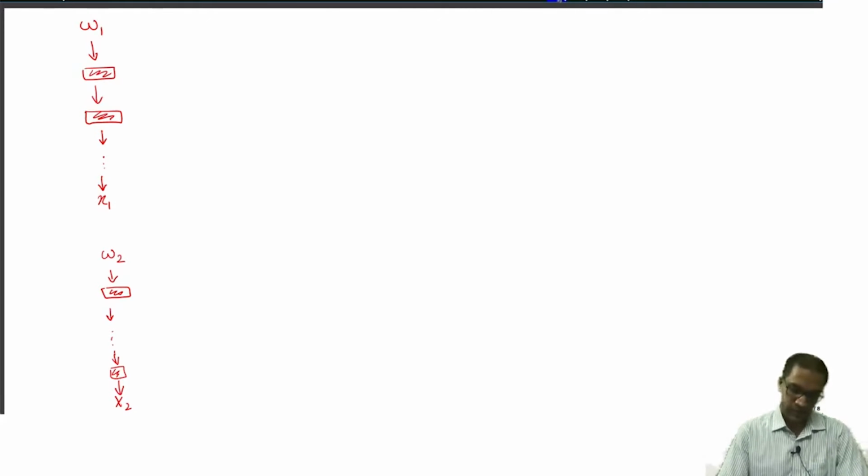Okay, now the way we do this is just via this simple observation, that look at this initial chain starting from w1 and going to x1. What does a basic rewriting rule do? The basic rewriting rule has the following form.